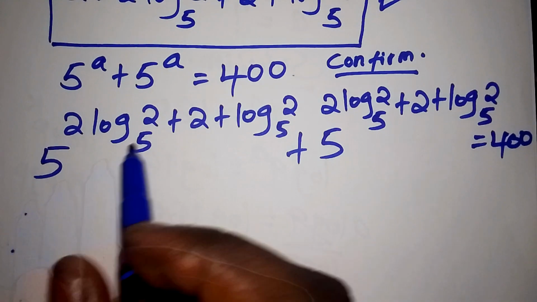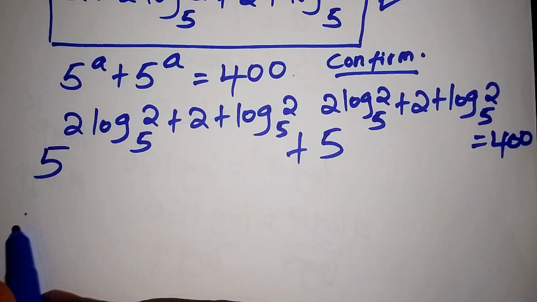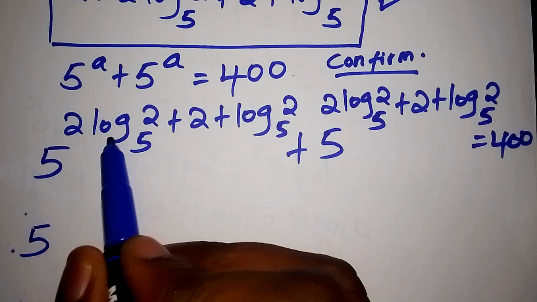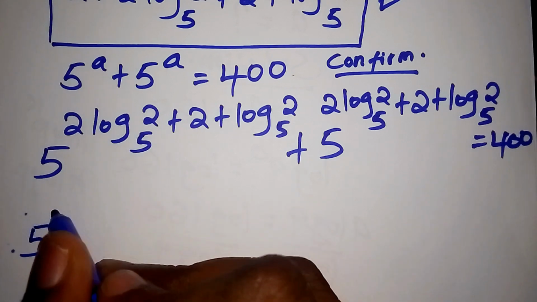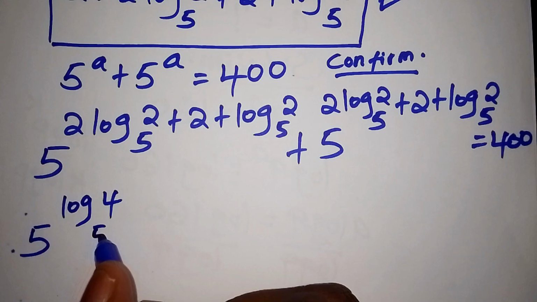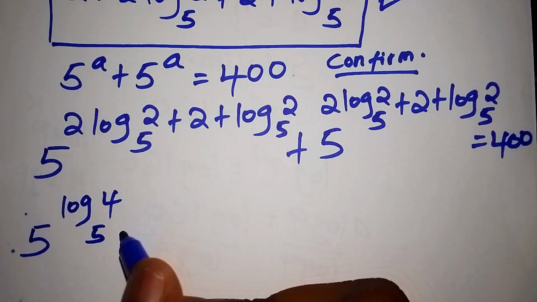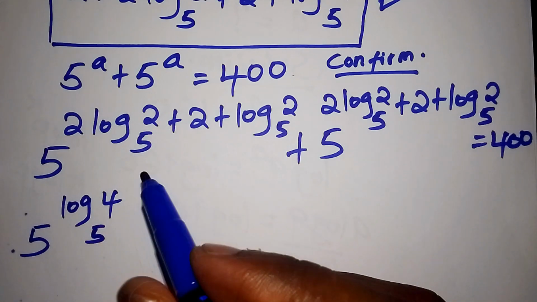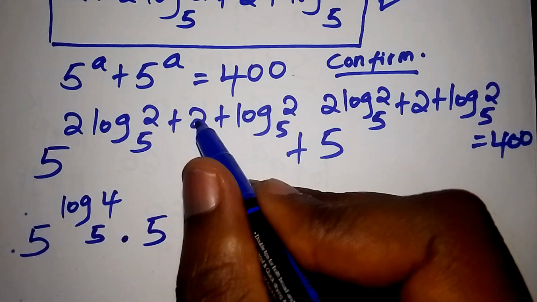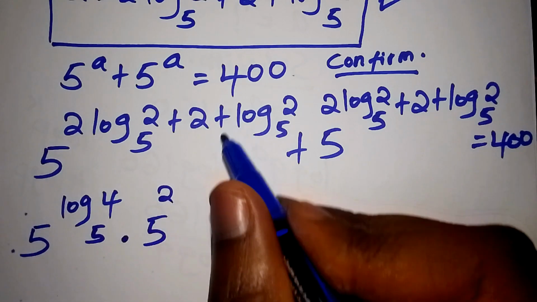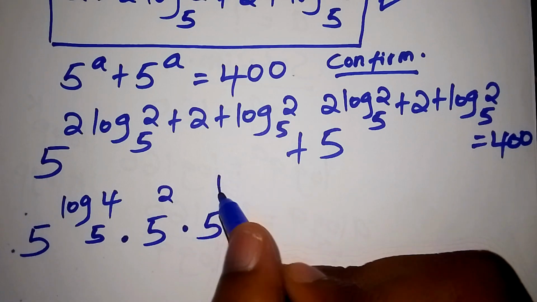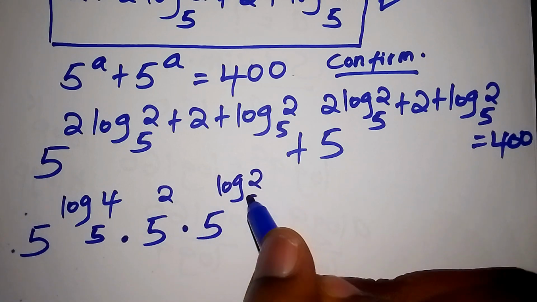So now we shall write it afresh, by now having 5, then 5. The log of 2 plus log 2 base 5 can be written as the log of 4 to the base of 5. Then the plus means multiplication, so we shall multiply again by 5 to the power of 2. Then the plus means multiplication again, 5 to the power of the log of 2 base 5.